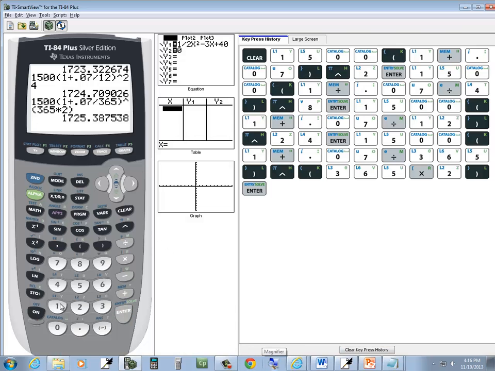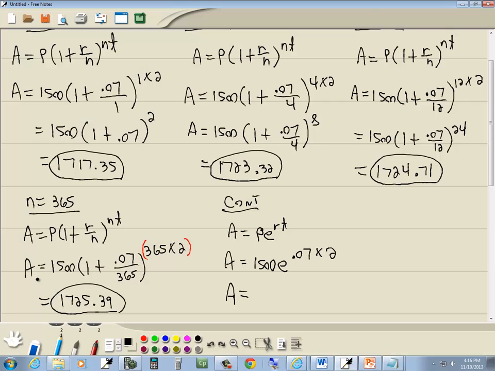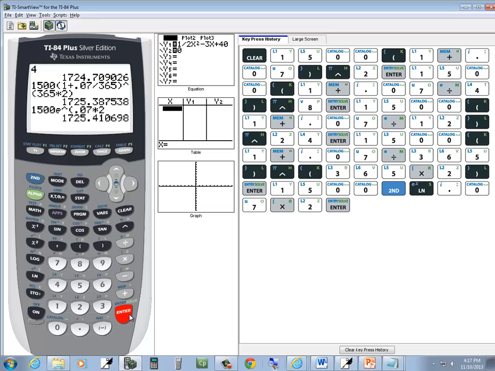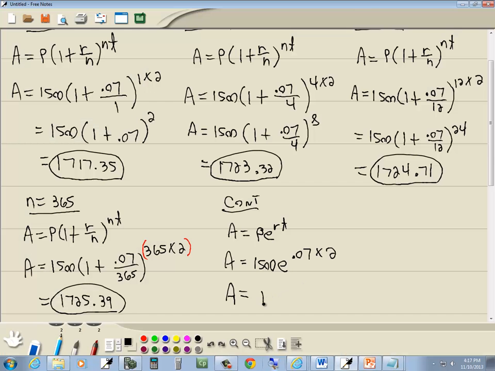So do 1500, second ln for the e, and then 0.07 times 2. You can put a closing parenthesis if you want at the very end, but you don't need it. Then press enter, and we get $1,725.41. And those would be our answers.